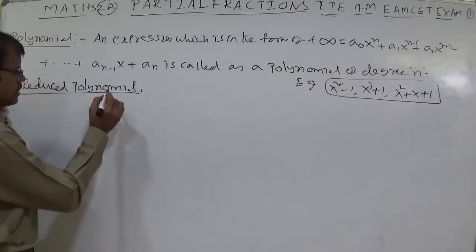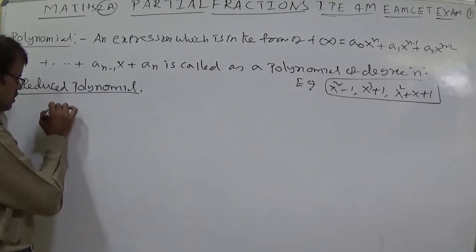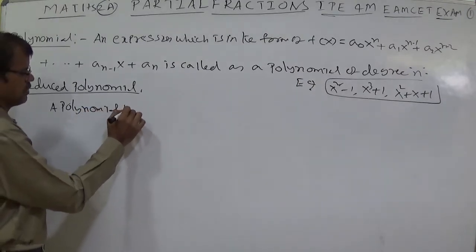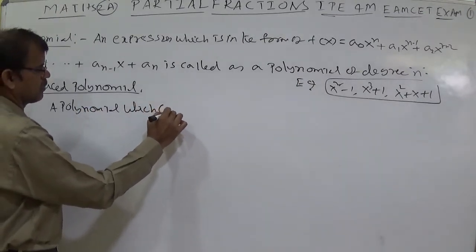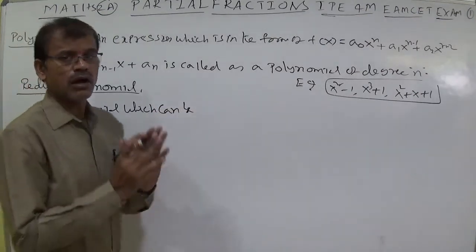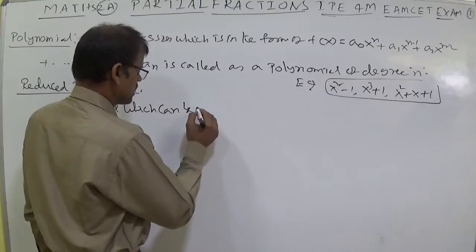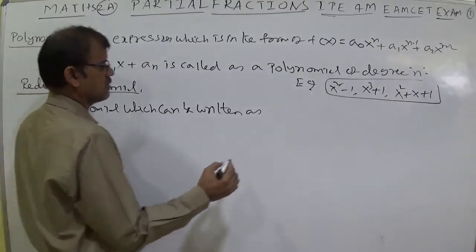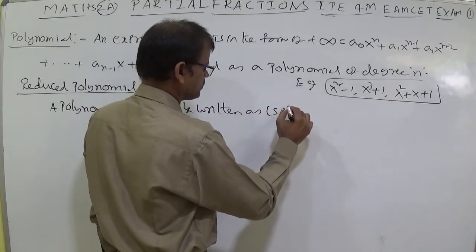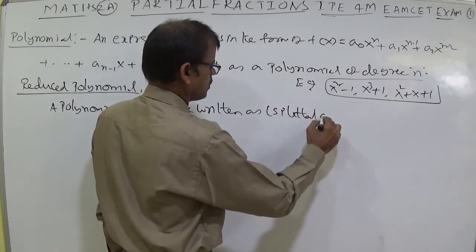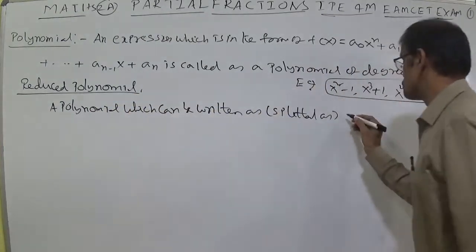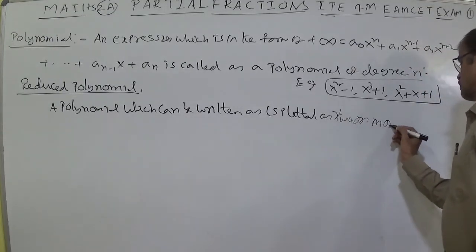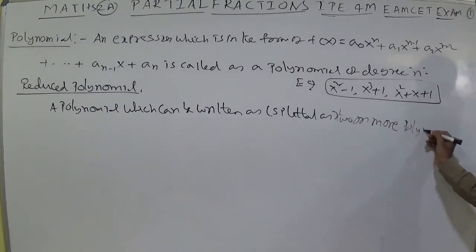A reduced polynomial means a polynomial which can be written or split as two or more polynomials.